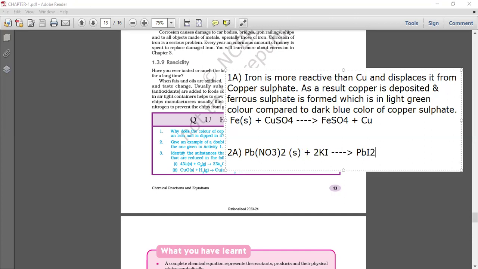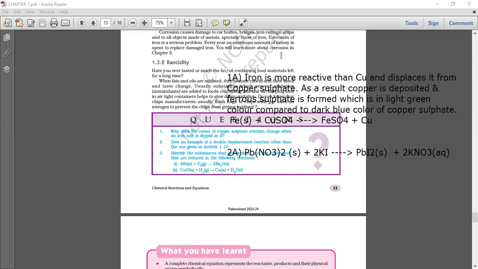It forms lead iodide, in solid state, plus potassium nitrate, which is in aqueous state. Let me correct it here: the subscripts should be 3 here and 2 here. This is the answer for the second one.